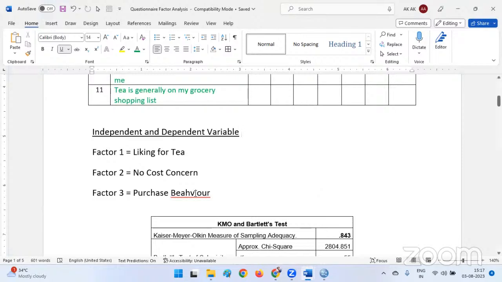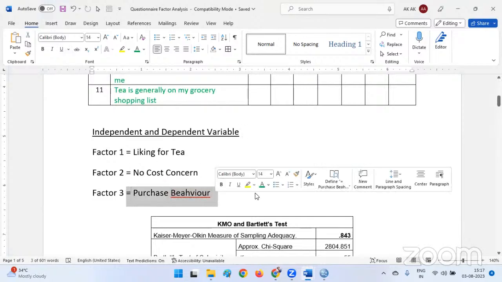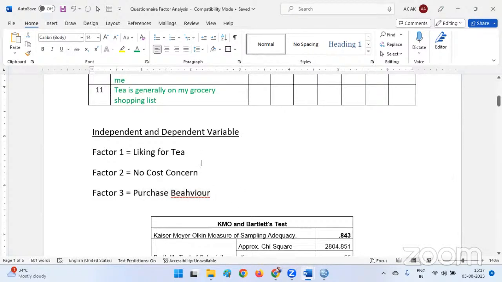In a normal sense, behavior is generally a dependent variable and it is affected by a wide variety of factors. Let me make it a neutral one: cost concern, whether it is positive or negative.